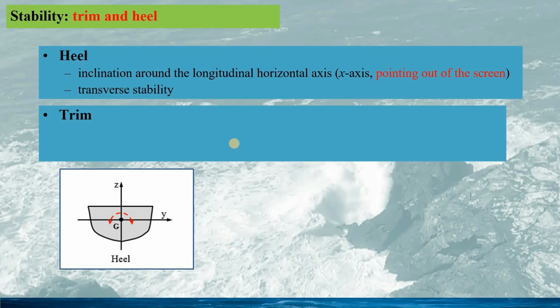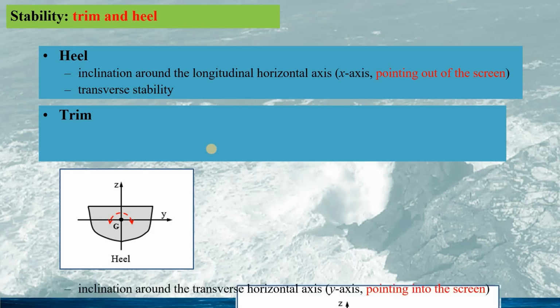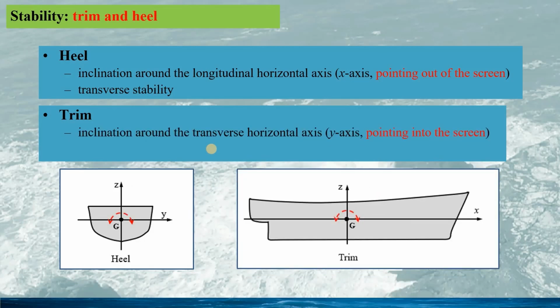The second inclination is called trimming, which is an inclination along the transverse horizontal axis, y, in this plot pointing into the screen. And the corresponding stability is the longitudinal stability. Generally, we have less interest in this, unless the structure length is comparable to the structure weight.